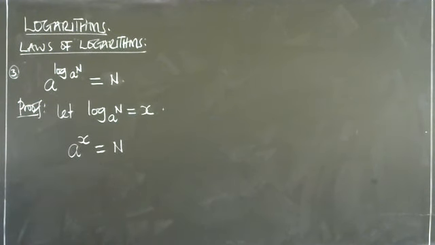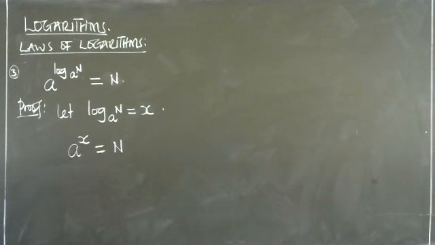I don't know if it is coming out properly for everyone. Because when I put the x here, a power x, the whole of this left-hand side is exactly what is here, and then it is equal to n, which is the other side.